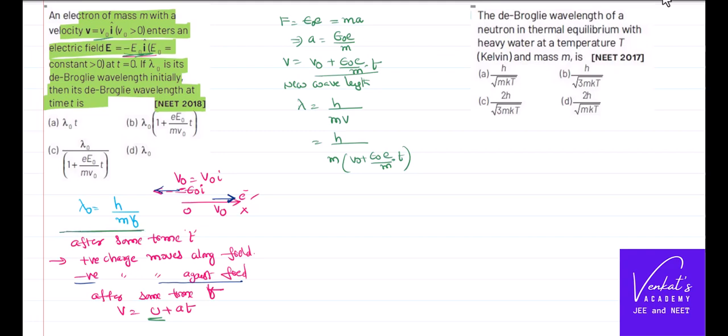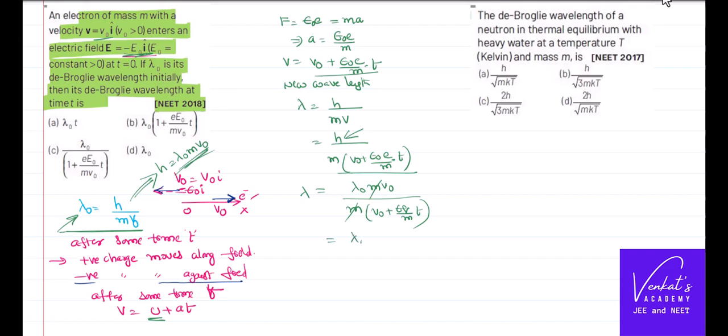Lambda naught is h by m v naught, as we have explained. This implies h equal to lambda naught m v naught. So to simplify the expression, in the place of h we will write the value from lambda naught. That implies lambda equal to lambda naught m v naught by m of v naught plus eE naught by m of t. m can be cancelled.